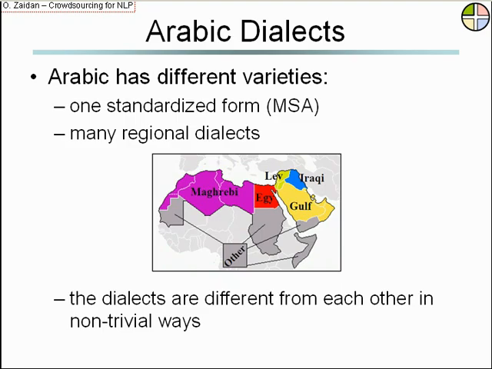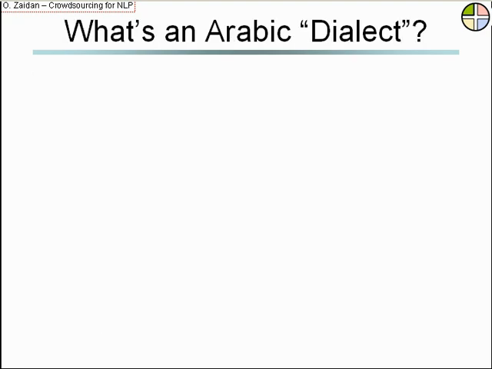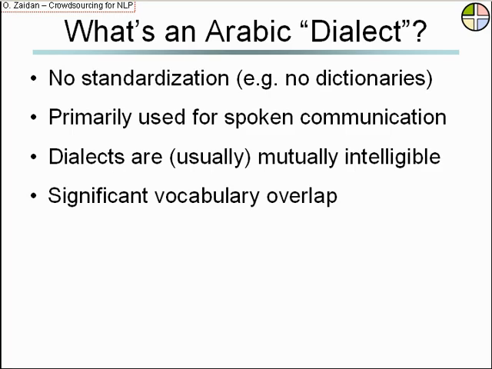And just to make it clear what I mean when I say dialect, an Arabic dialect does not have standardization. So there is no, for example, Egyptian dictionary. Or any Egyptian dictionary you might find was compiled by a single individual. It's not compiled by a central authority or anything like that, whereas MSA is.